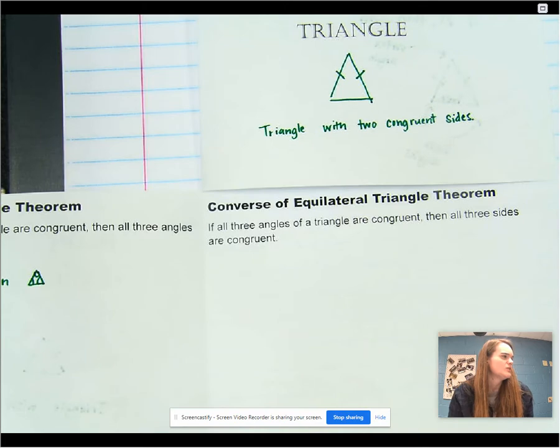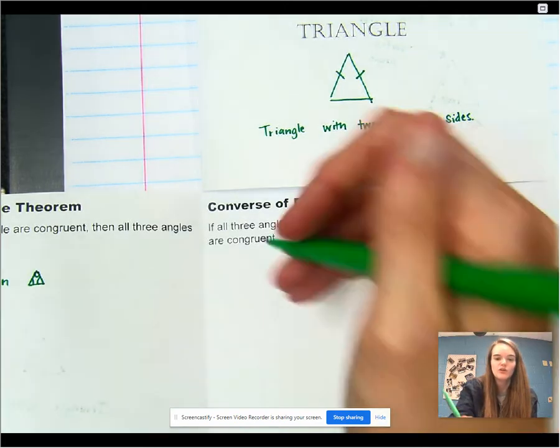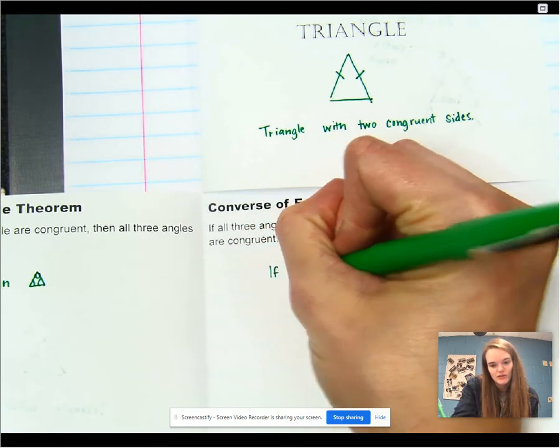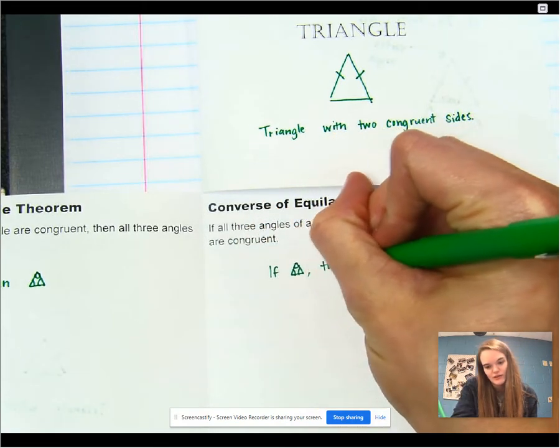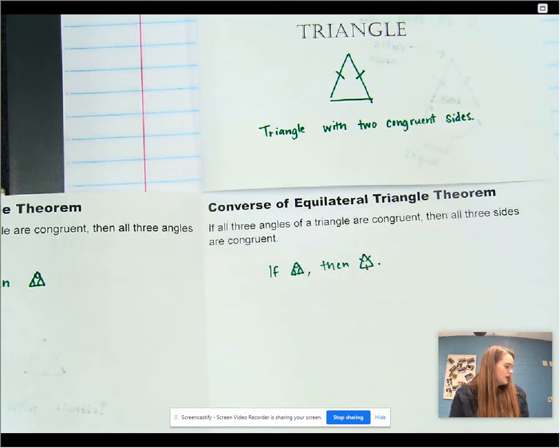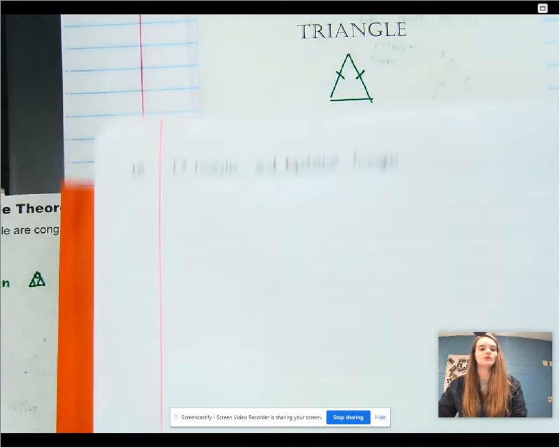The converse of the equilateral triangle theorem says if all three angles of a triangle are congruent, then all three sides are congruent. So if you have this, then you have this. Okay? We're going to glue that in on page 60 and then actually do some work.